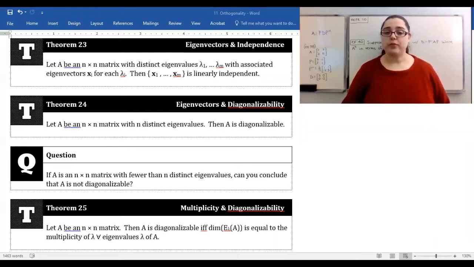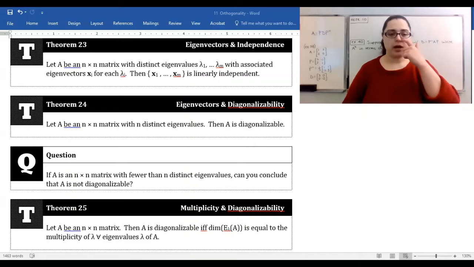So what theorem 24 is saying, it says, I can't tell you anything about that particular example, but I can tell you if you have a 5 by 5 matrix and it has 5 different eigenvalues, it's diagonalizable. If you have a 5 by 5 matrix and it has 4 different eigenvalues, I can't help you, friends, sorry.